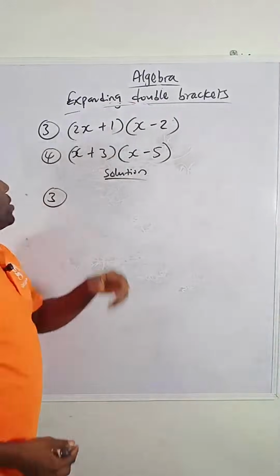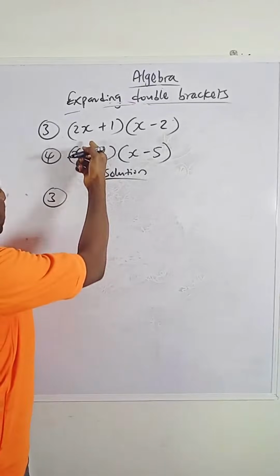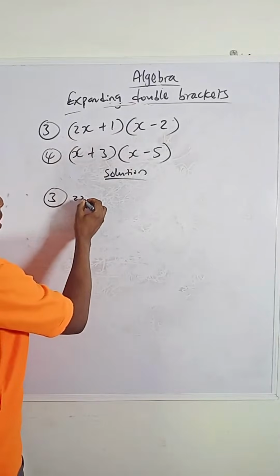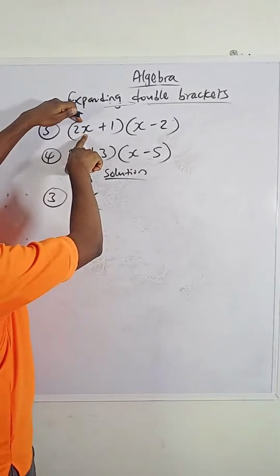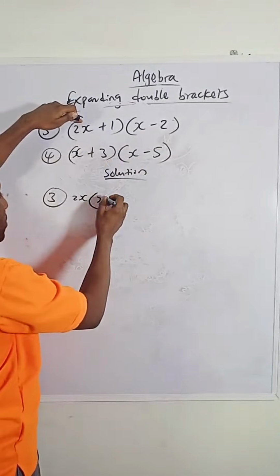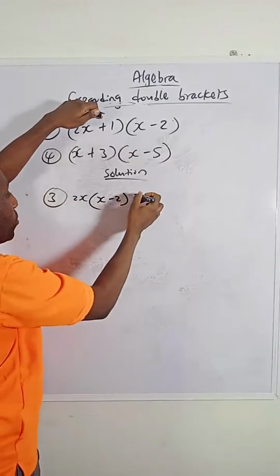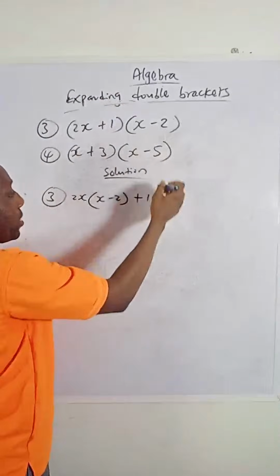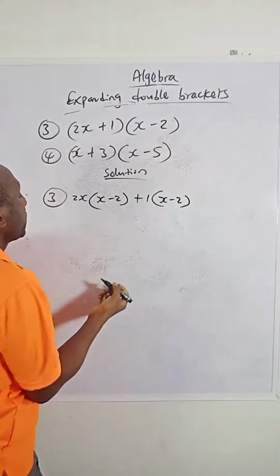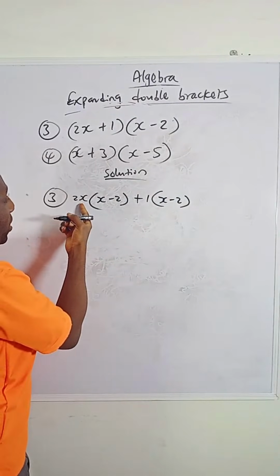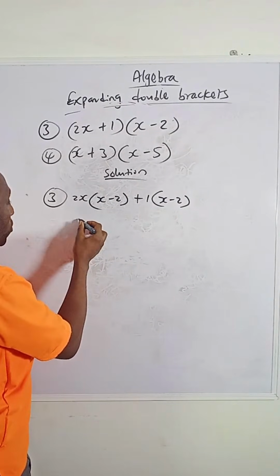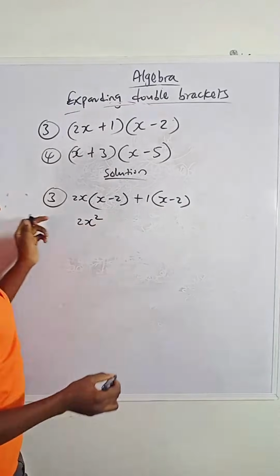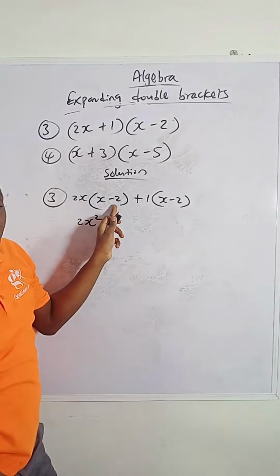How do we expand this? Let's start with the first one. We do the same thing as we've done before. So you write 2x. This first term multiplies everything you have in the bracket. Then you come to the next one, plus 1. Still use it to multiply everything in the bracket. So what is 2x times x? That's 2x squared. And what is 2x times negative 2?